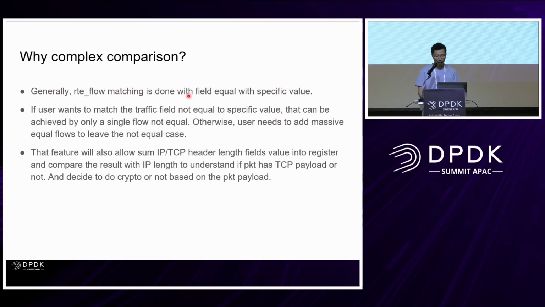And in the IP header, we also have the packet length. So think about that: if we can sum the TCP header length and IP header length, then compare that with the length in the IP header, we will understand that if they are equal, that means there is no payload. Okay, so in that case, we don't need to do the crypto for this packet. So these are the two cases we just found.